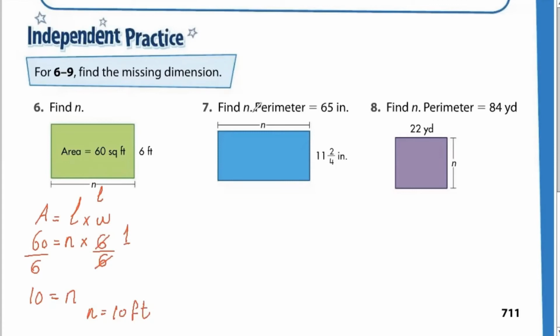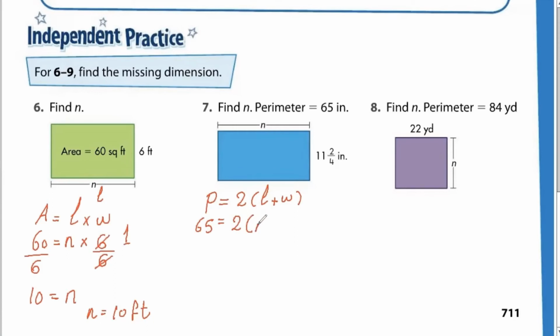Number 7, find n. And here we have the perimeter. The first step, I will write the formula of perimeter, 2 times length plus width, equals. The perimeter is 65, and here we have 2 times.